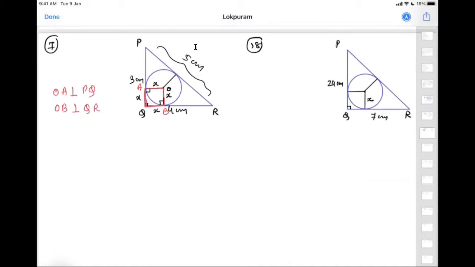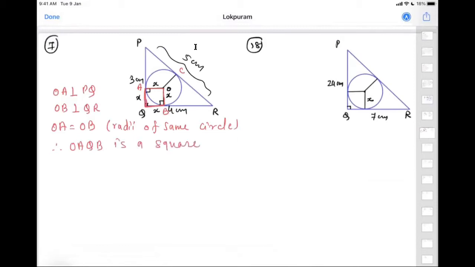Yes, so we can write that. Also we can say OA is equal to OB, radii of the same circle. So therefore OAQB is a square.